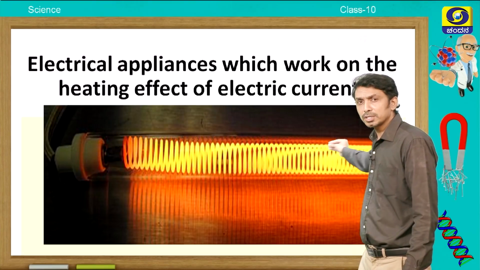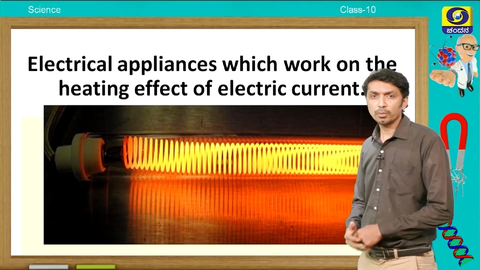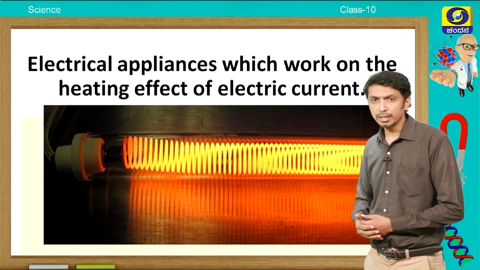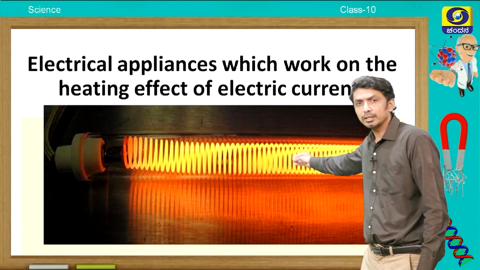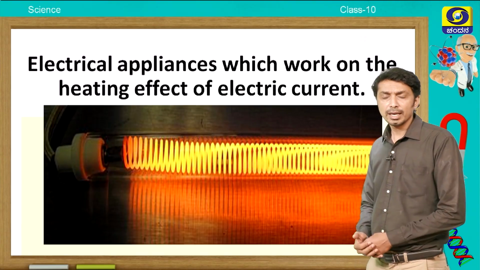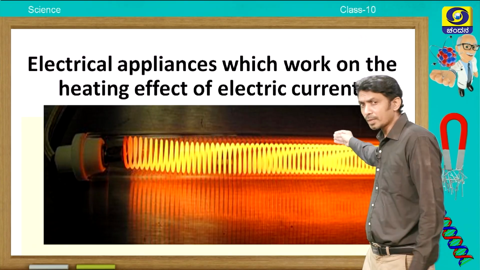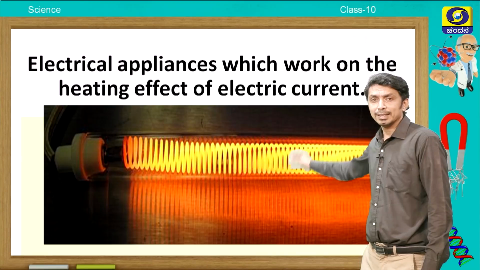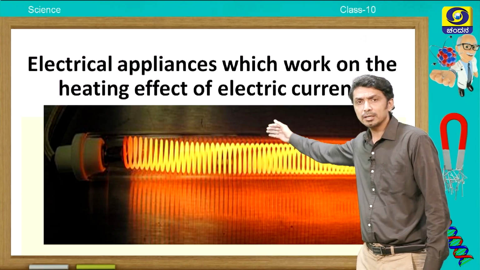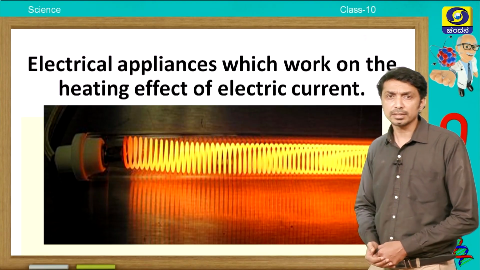So the electrons cannot easily pass through this wire. The electrons collide with the neighboring atoms and they are attracted by the neighboring atoms as well. Because of these collisions, the amount of heat generated is more in these sorts of wires.